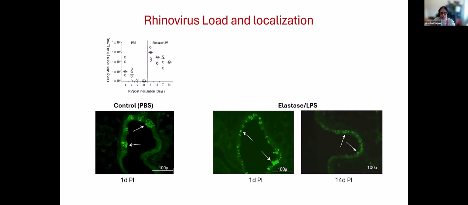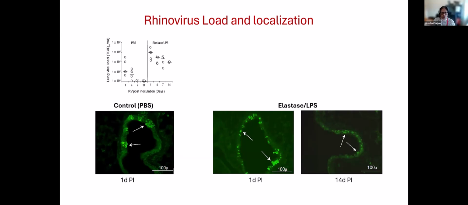Rhinovirus, unlike influenza, primarily infects airway epithelium. So here we are showing the immunolocalization of virus to see what kind of cells are infected. At 1 day post-infection, we can see the virus, the bright green color, in infected cells.